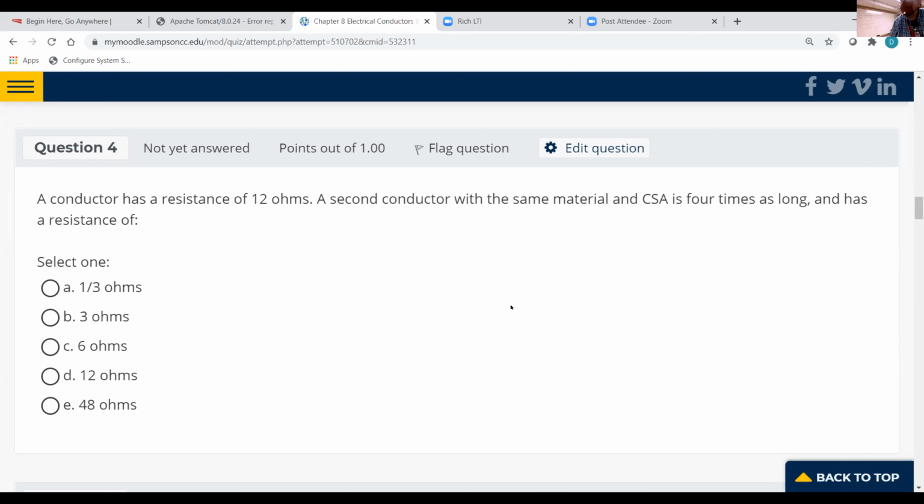Okay, I heard one person say 3 ohms, but look at it closely now. You got two conductors there. They're the same diameter, the same CSA, the same material, but one of them is 4 times longer than the other one, the length.